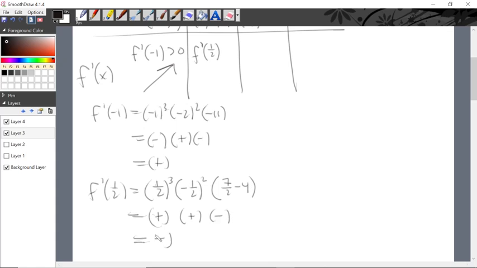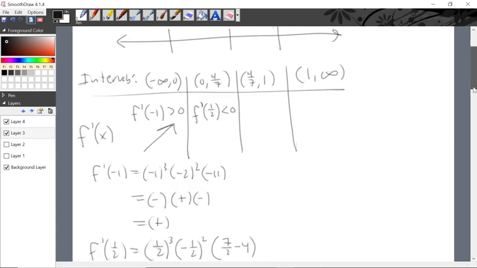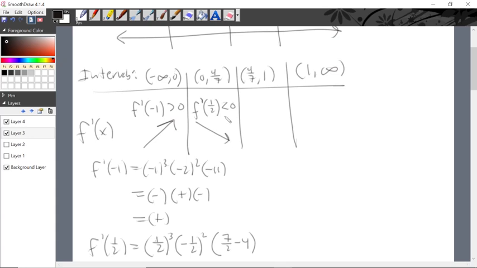So this is overall a negative quantity. So f prime of 1/2 is less than 0, so the function f is therefore decreasing on the interval from 0 to 4/7.